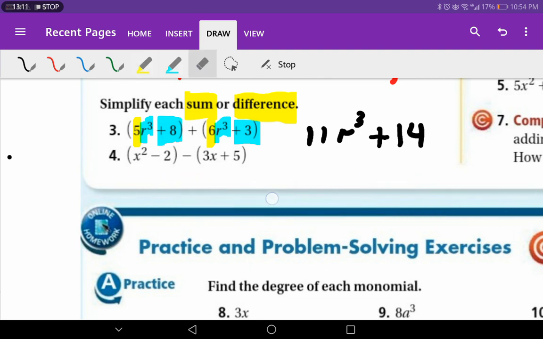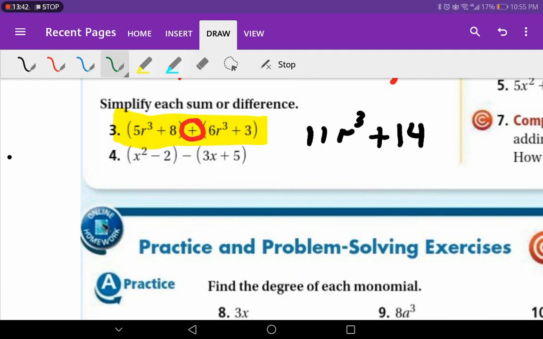Now here, my dear student, before you start, you have to break the parentheses. Why here before you don't do anything here? Because, my dear student, it is plus, but here I have a negative sign. A negative will change all the signs of the 3x. It will be negative, and this positive will be negative. So every time we have to break.